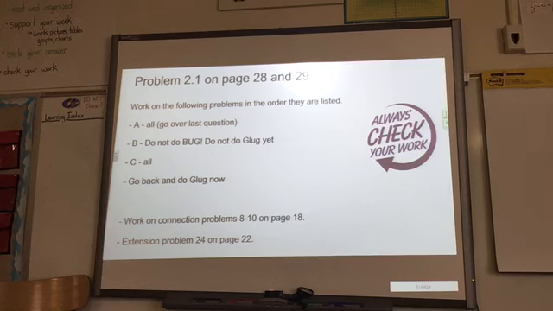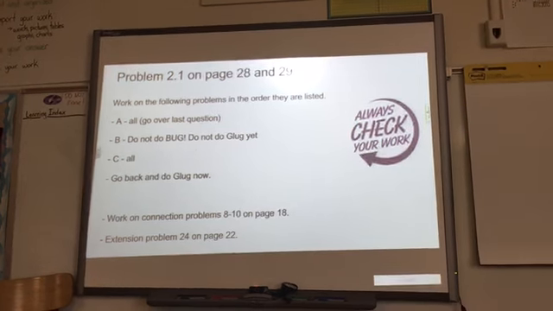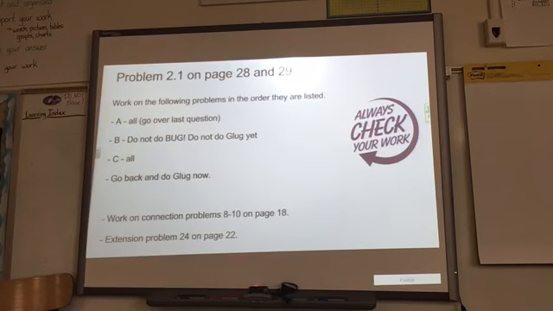Triangular prism. Label that A. B is 2. Do not do bug or blood yet. Do not do bug or blood. Guys, stay focused.